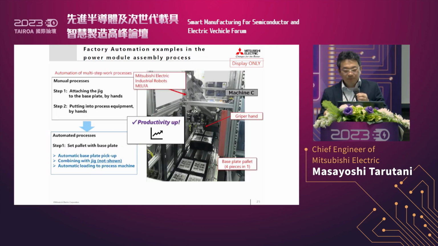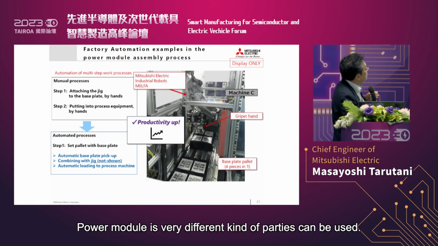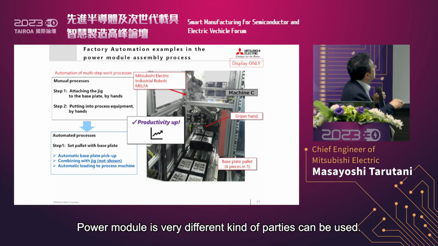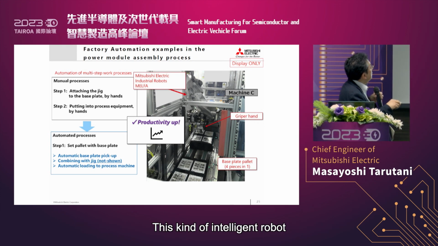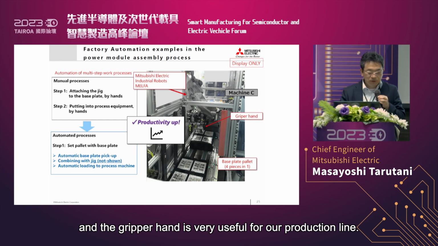And for power modules, very different kinds of parts can be used. So this kind of intelligent robot and gripper hand is very useful for our production line.